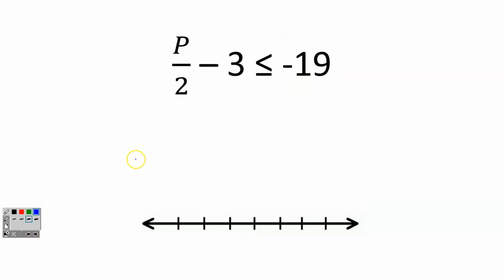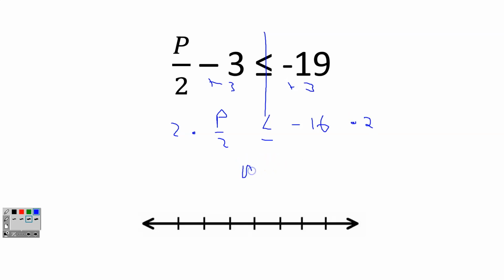Okay, so this type of problem, we draw our fence. We add 3. Again, use your calculators. That's going to give me p divided by 2 is less than or equal to negative 16. The opposite of dividing by 2 would be to multiply by 2. So we're going to multiply both sides by 2.